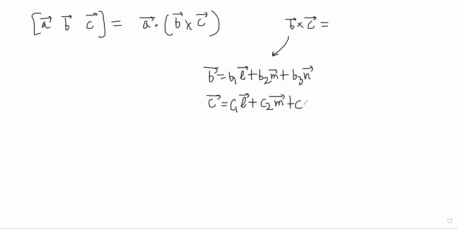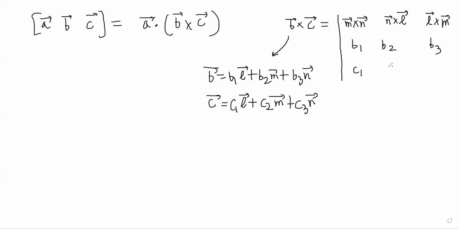So we can write B cross C as a determinant with the rows M cross N, N cross L, L cross M, then B1, B2, B3, and C1, C2, C3. If you are not sure of this determinant, just expand it and calculate B cross C directly.